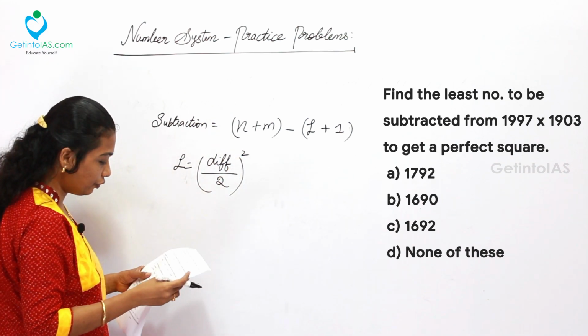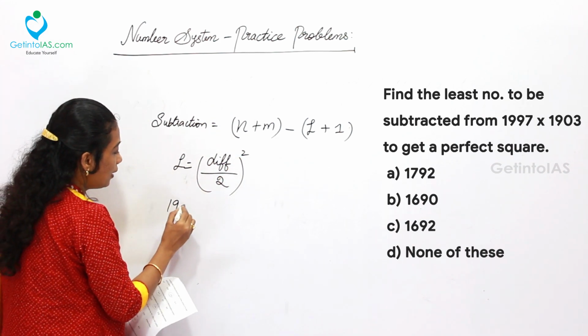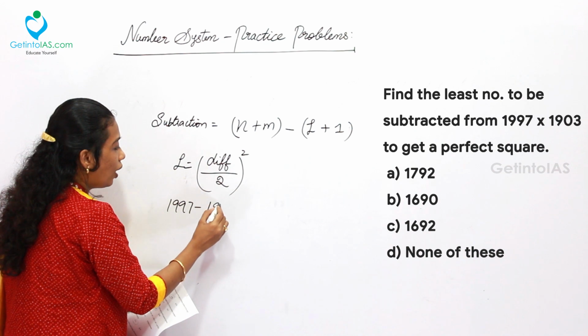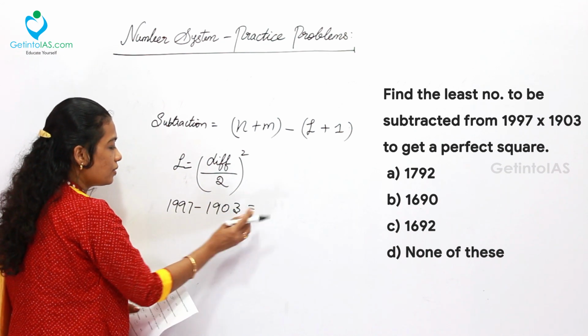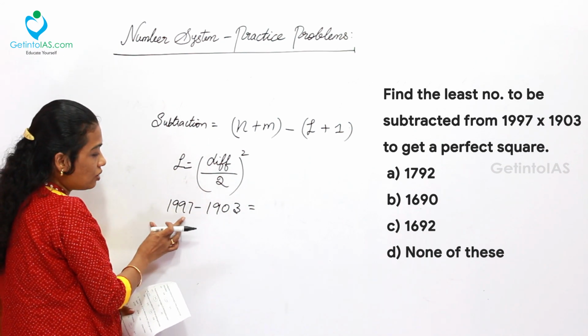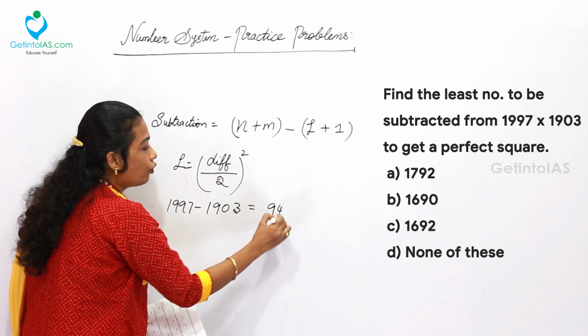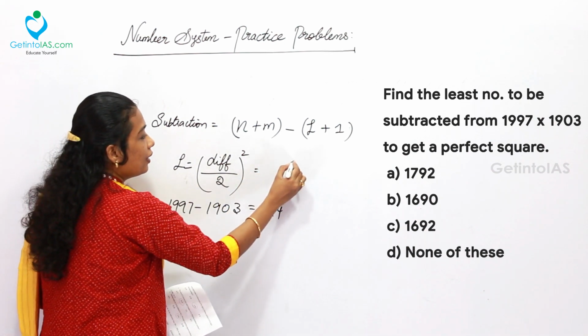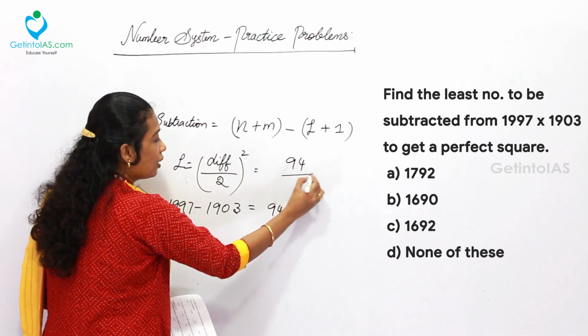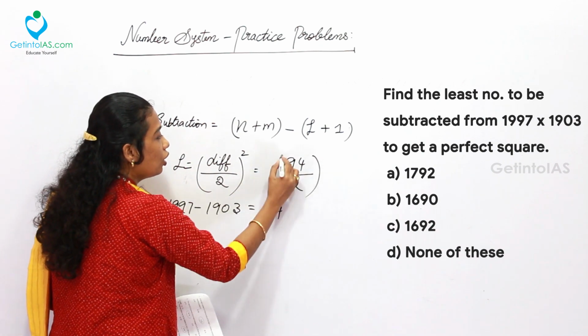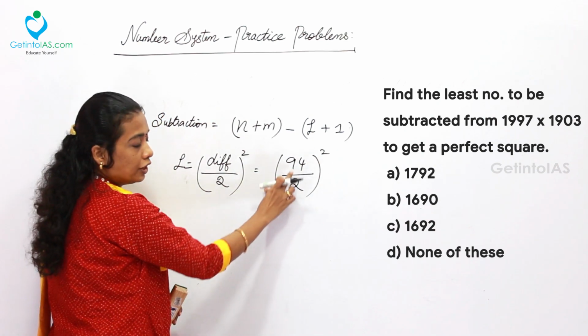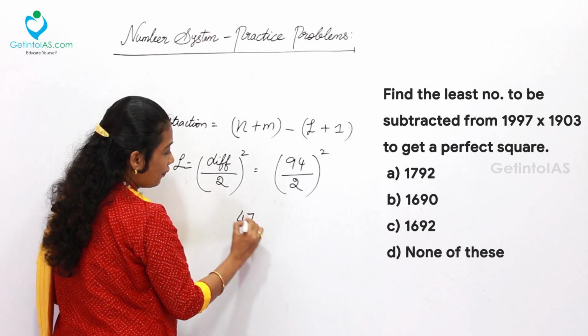So let's take the difference between 1997 and 1903. What is the difference between these two? Which is simply 94. So let me take 94 over here divided by 2 the whole square. So 94 by 2 is 47.